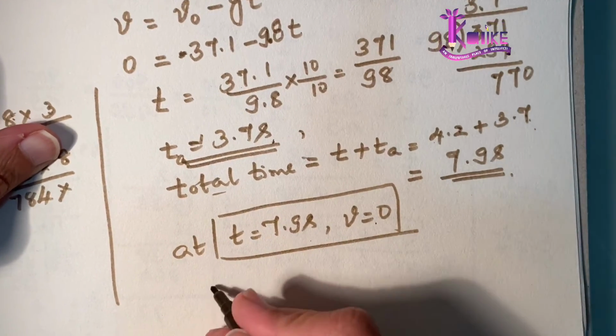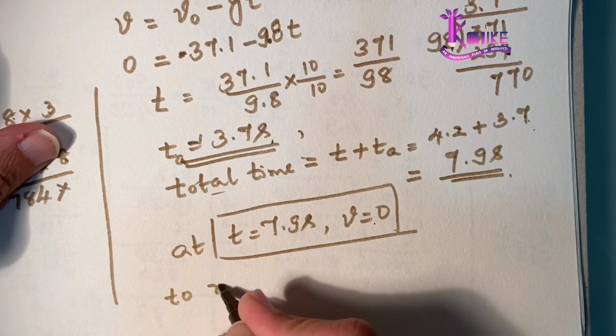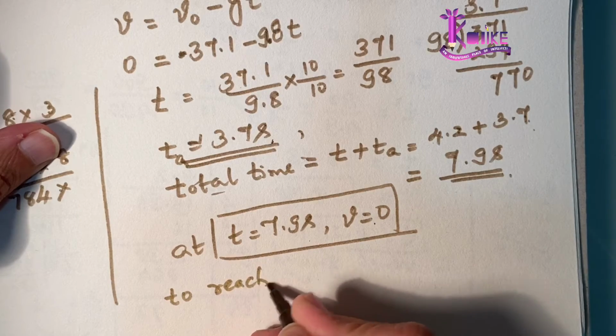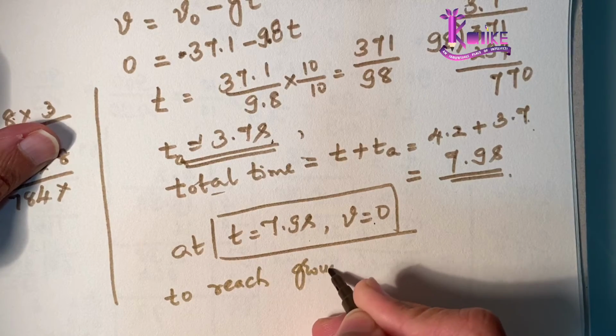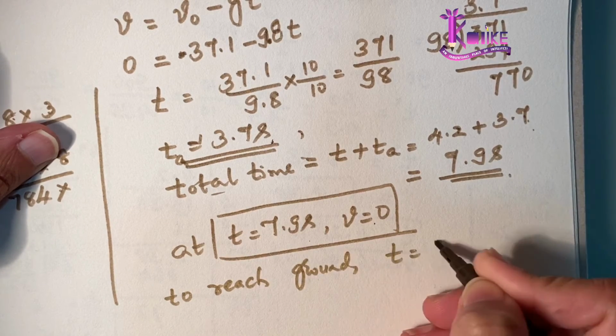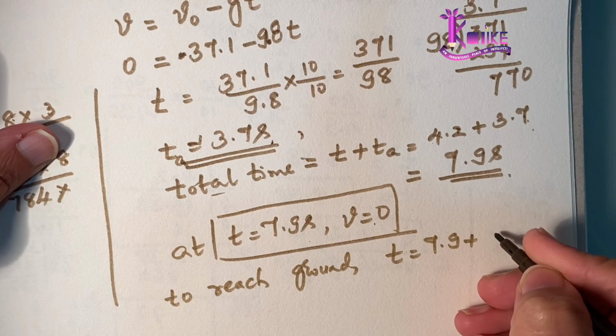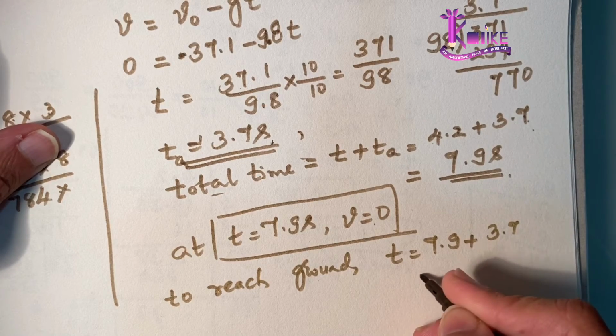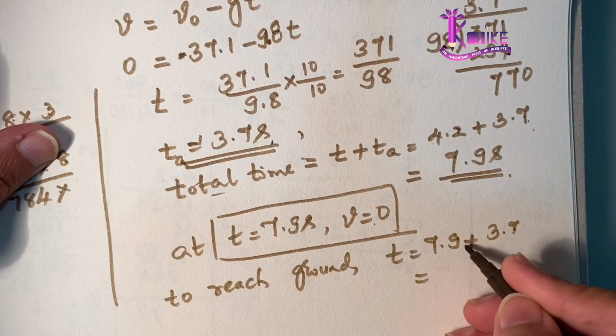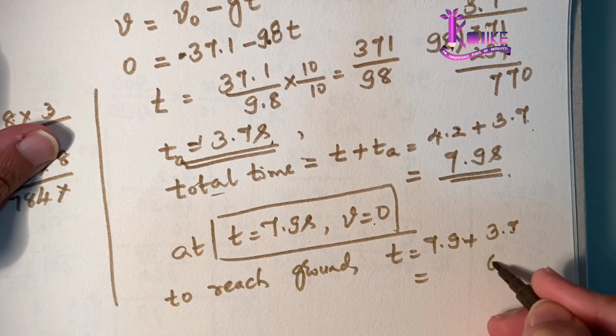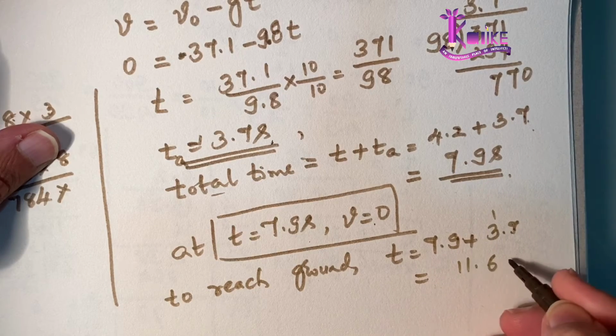So therefore, to reach the ground, the time taken by the ball would be 7.9 plus the time it took to come down, 3.7. It is approximately 11.6 seconds.